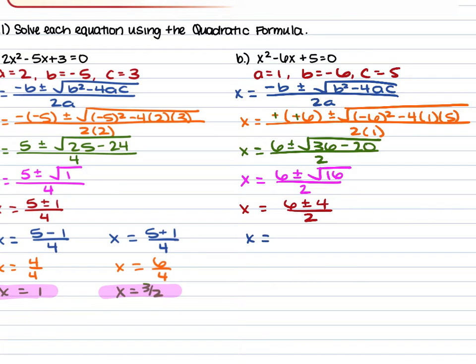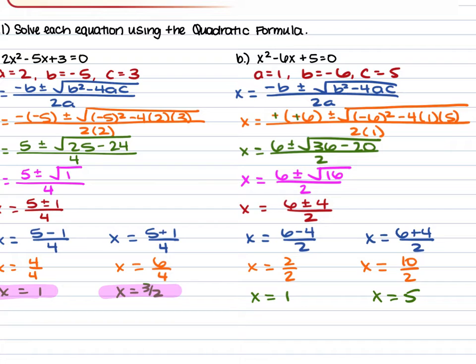So we're going to have x is equal to 6 minus 4 over 2, as well as x is equal to 6 plus 4 over 2. From here, 6 minus 4 gives us 2 over 2. 6 plus 4 gives us 10 over 2. So x is going to be 1 and x is going to be 5.